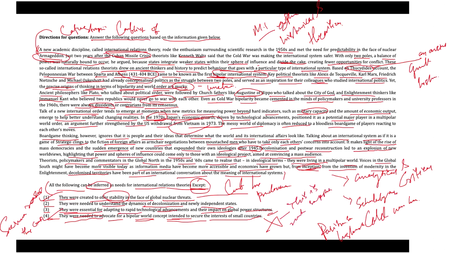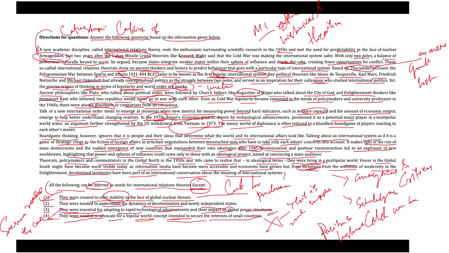While the passage discusses the concept of a bipolar world of two superpowers, it does not say that international relations theories were developed to support this or to protect smaller countries. Instead, it focuses on analyzing and understanding the bipolar world dynamic.